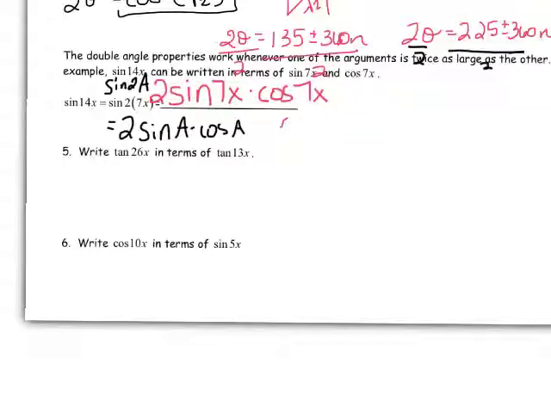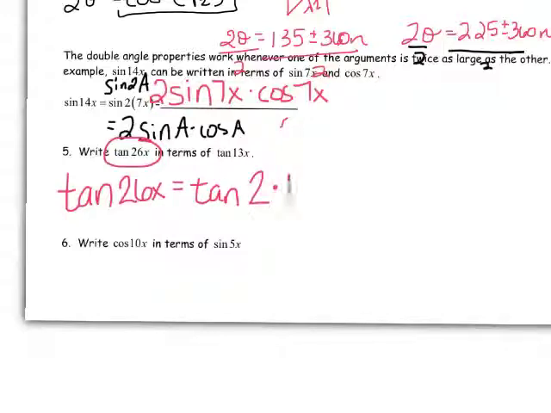All right. Write tangent of 26x in terms of tangent of 13x. Well, tangent of 26x is tangent of 2 times 13x.